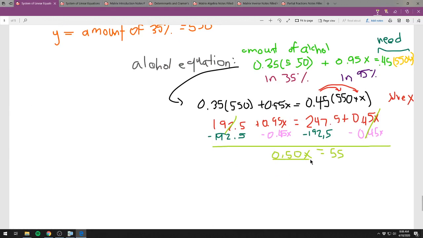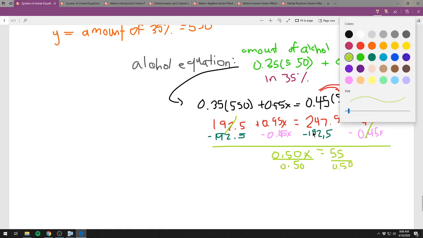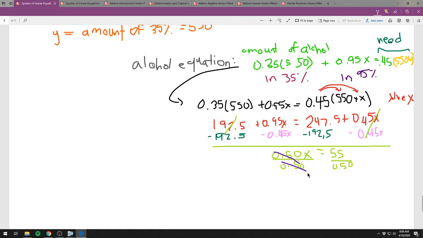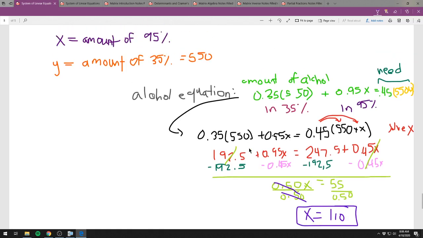And then divide by the 0.5 to get x. And if you do that out, 55 divided by 0.5, that's a half. So 55 divided by a half is 110. Right, so what we figured out is we need to add 110 milliliters of the 95% solution to get our final to 45%.